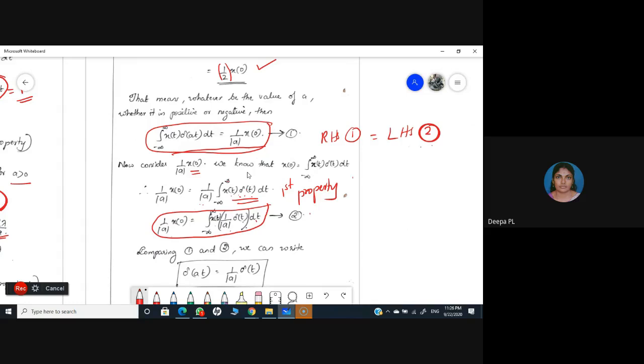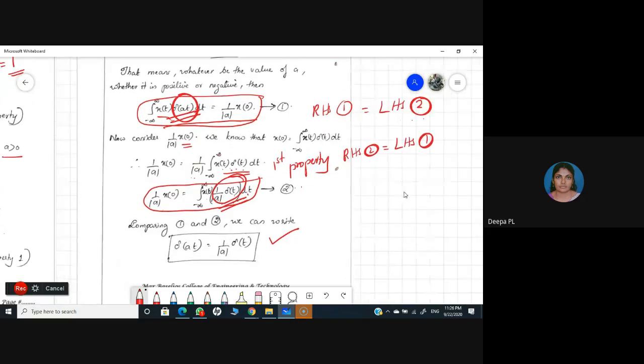Therefore the RHS of equation 2 should be equal to the LHS of equation 1, right? That means delta of at should be equal to 1 by mod a into delta of t. So that is the property: delta of at is equal to 1 by mod a into delta of t. Okay, thank you.